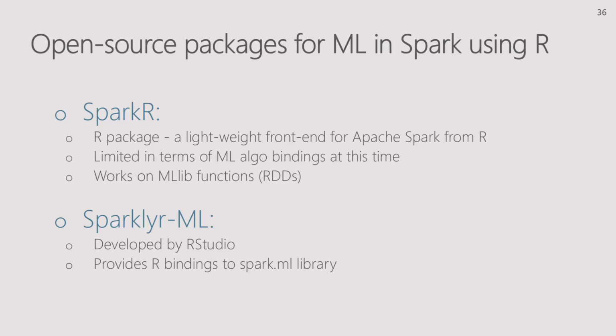Alternatively, you can use the sparklyr and MLlib packages that have become available, and those provide bindings to the Spark ML API, and that enables you to develop machine learning models and so forth, somewhat more than SparkR.